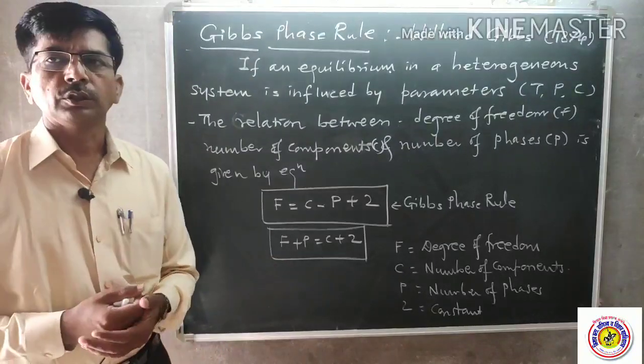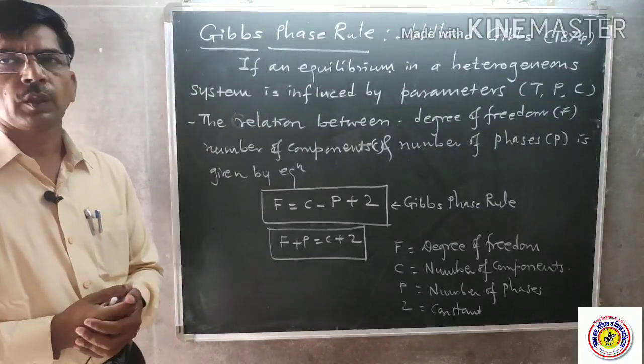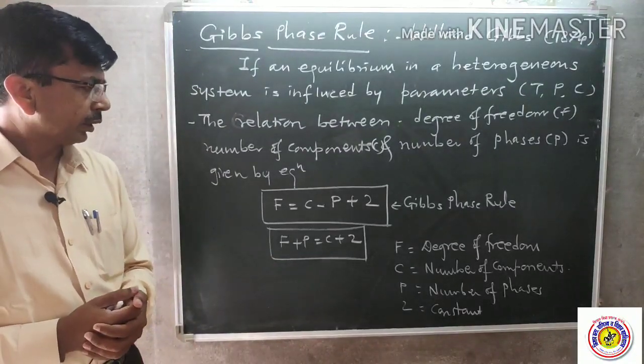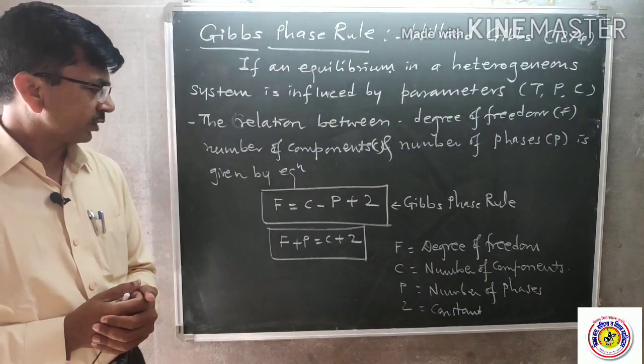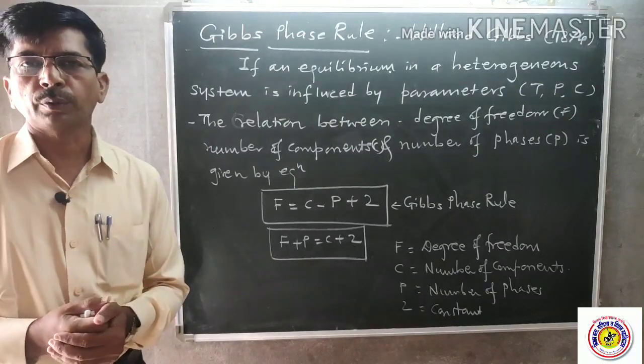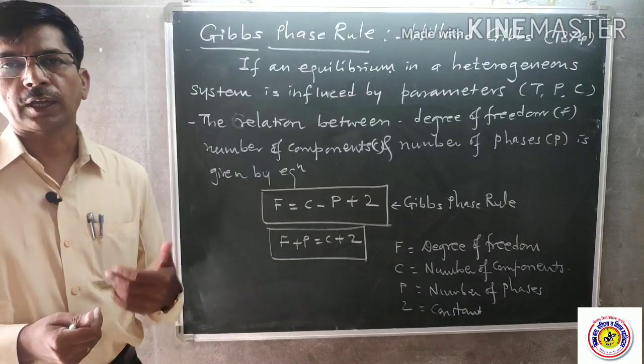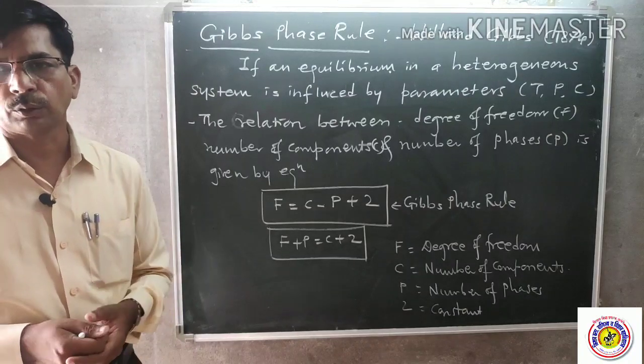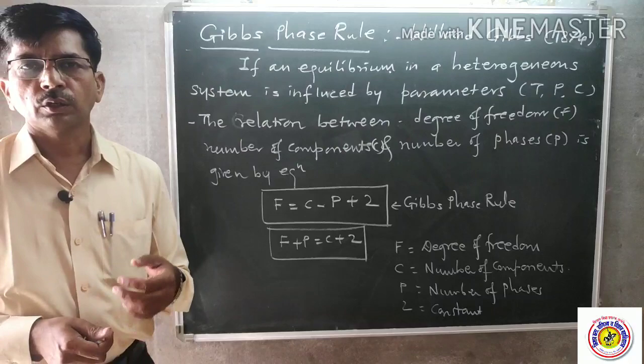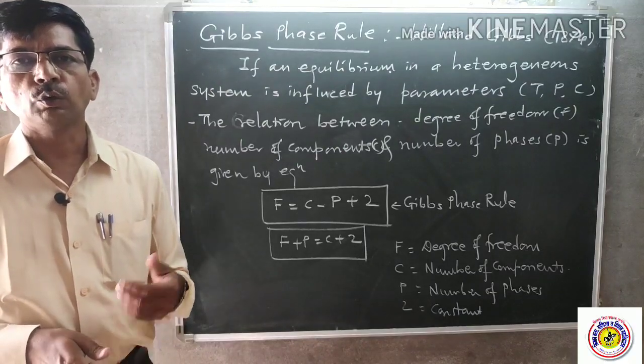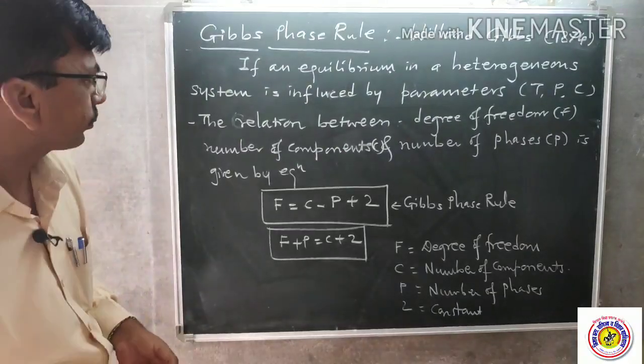So, this equation is called the Gibbs phase rule. Now, we will see the details of the terms phases, degree of freedom and number of components one by one, and how they are calculated when we have a heterogeneous system. First, we see what is the meaning of phase and how to calculate the number of phases.